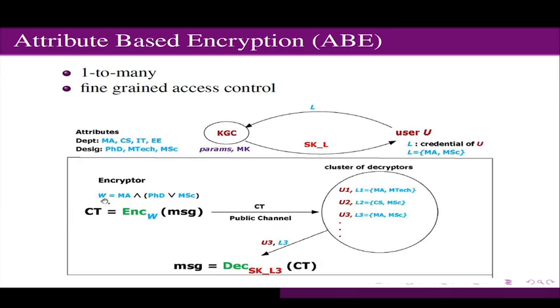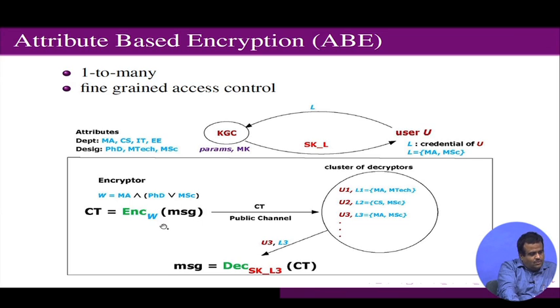Here this W is basically MA and this. We encrypt the message using this set of attributes W, this generates the ciphertext, and we broadcast this over the public channel. Now, this is the cluster of decryptors, the group of users U1, U2, UN.